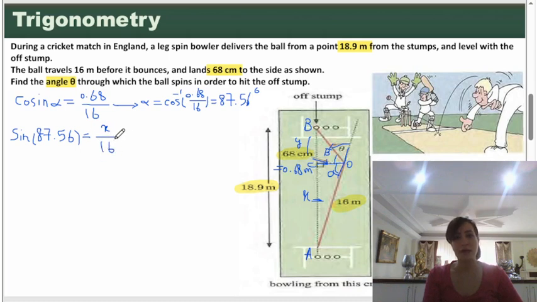If I cross multiply, I get x equals 16 times sine of 87.56.